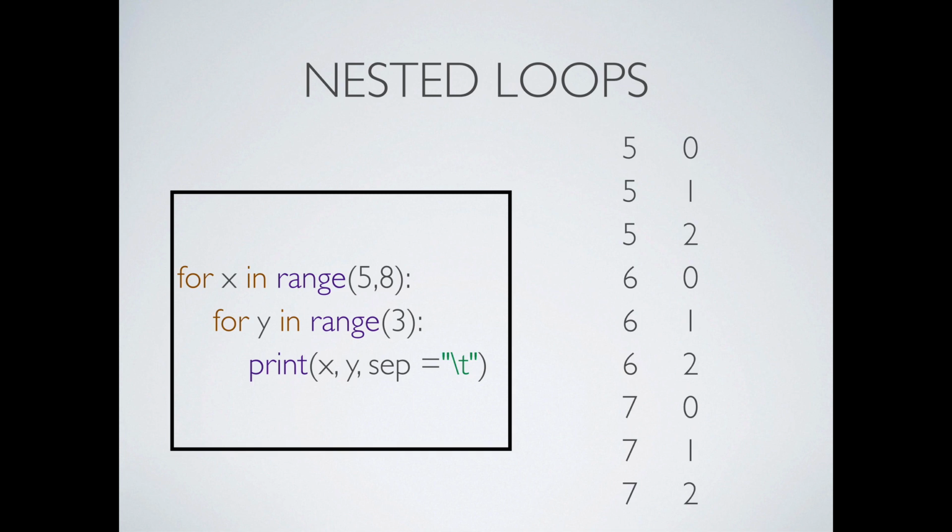Those are all the iterations of the inner loop for the first iteration of the outer loop. 6, 6, 6. Those are all the iterations for the inner loop for the second iteration of the outer loop. 7, 7, 7. Those are all the iterations for the inner loop for the last iteration of the outer loop.